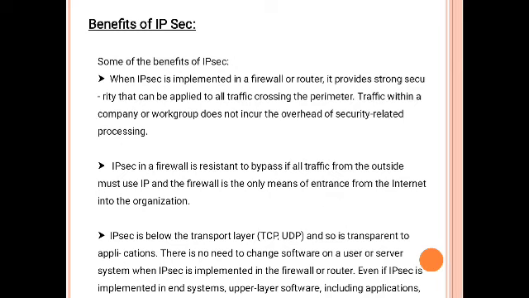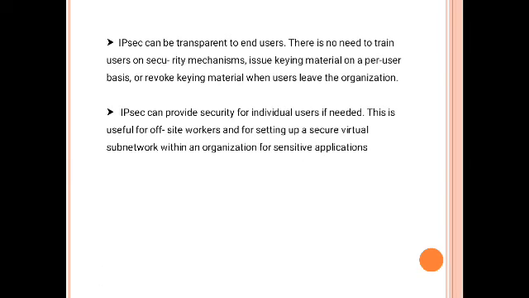IP security is below the transport layer, and so it is transparent to applications. There is no need to change software on a user or server system when IP security is implemented in the firewall or router. IP security can be transparent to end users.